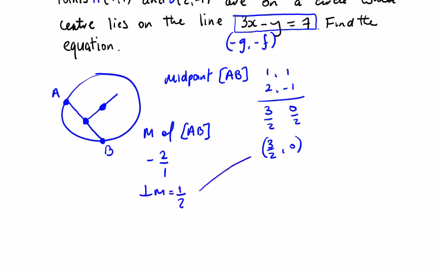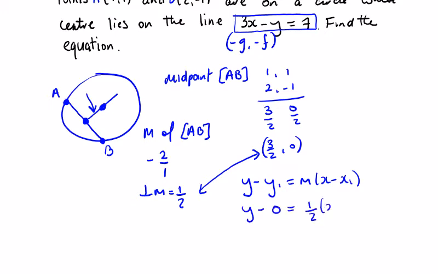So now I have the midpoint, and I have the slope of this new line. So I can get the equation of this line using my formula y - y1 = m(x - x1). y - 0 is equal to 1 over 2 times (x - 3 over 2). y is equal to 1 over 2 x minus 1 over 2 by 3 over 2, so it's minus 3 over 4.